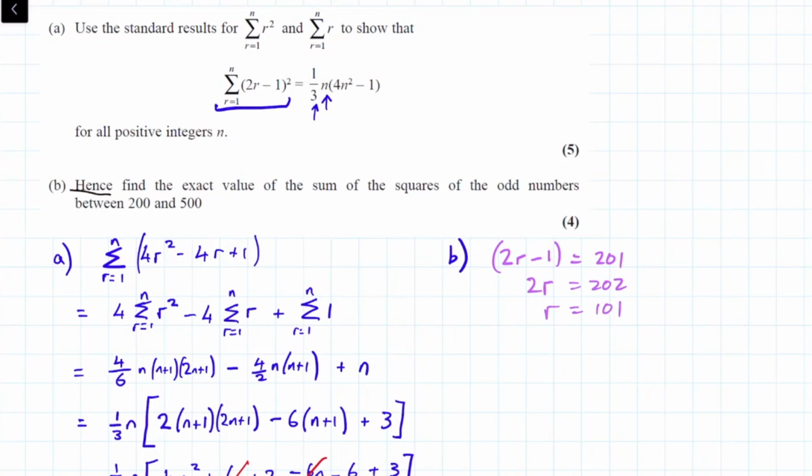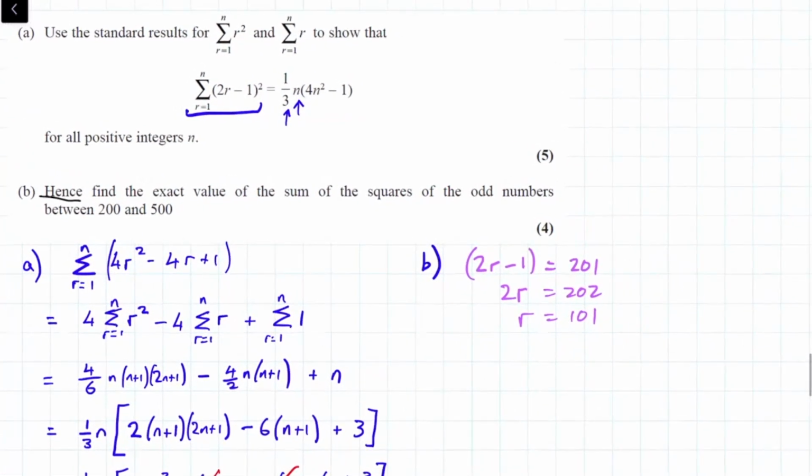So we will start our count at r equals 101. At the top end, we will have 2r minus 1, and we need that to be equal to 499. That will be the last odd number before we reach 500. So if we solve for r again, we'll have 500 for 2r, and so r is going to be 250.